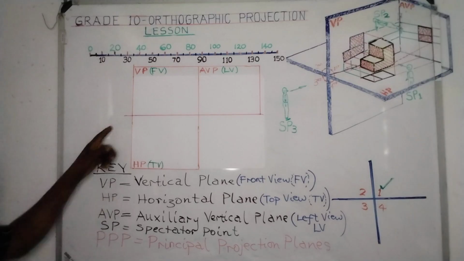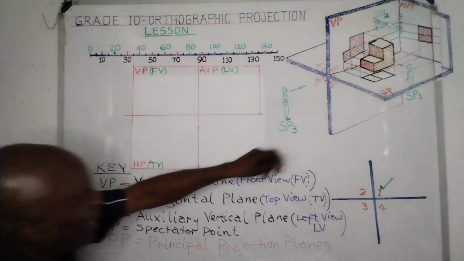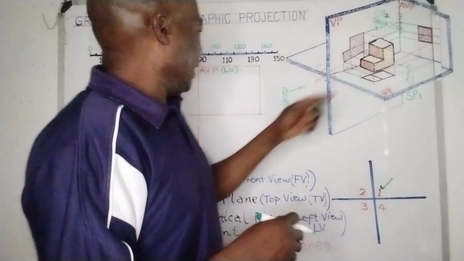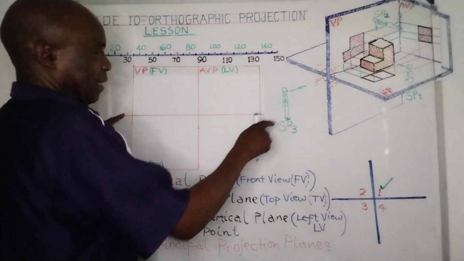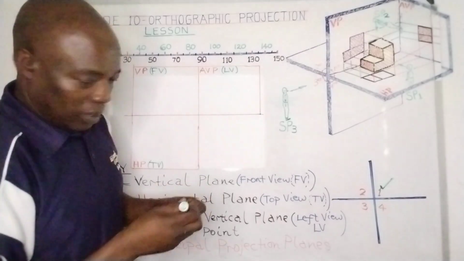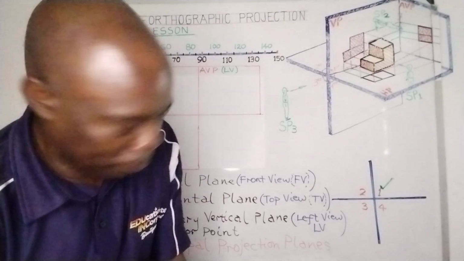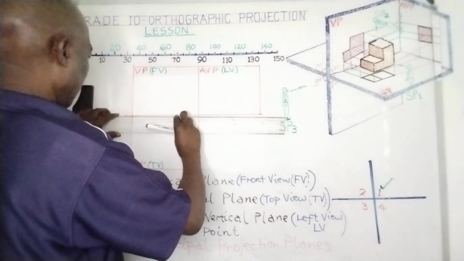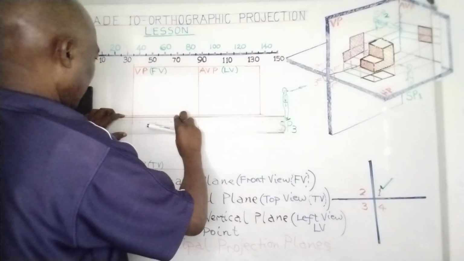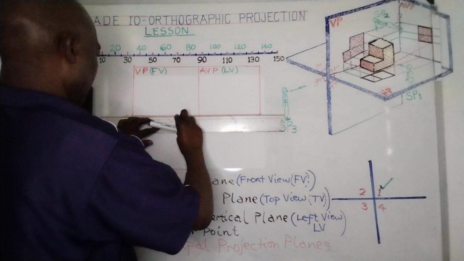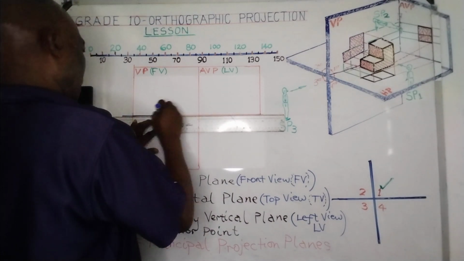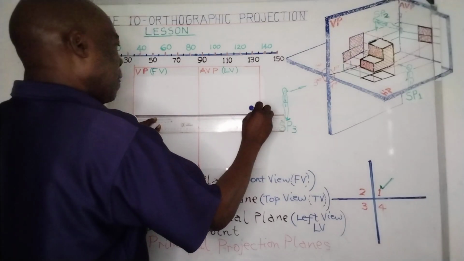So this is the distance that we should consider for the front view. Right. Let me just estimate the size here, but we'll be using measurements.